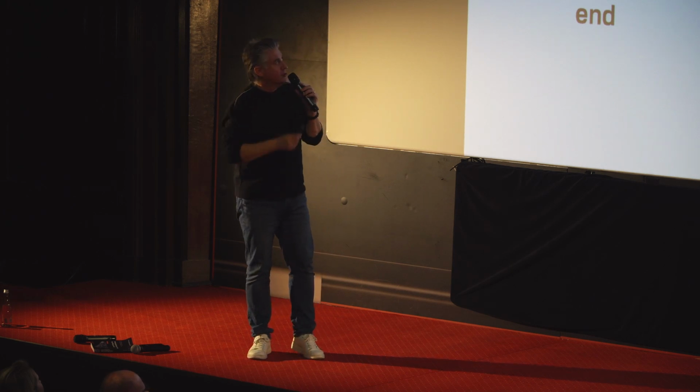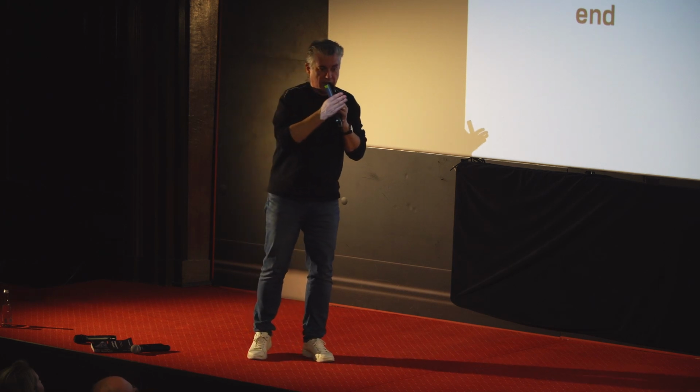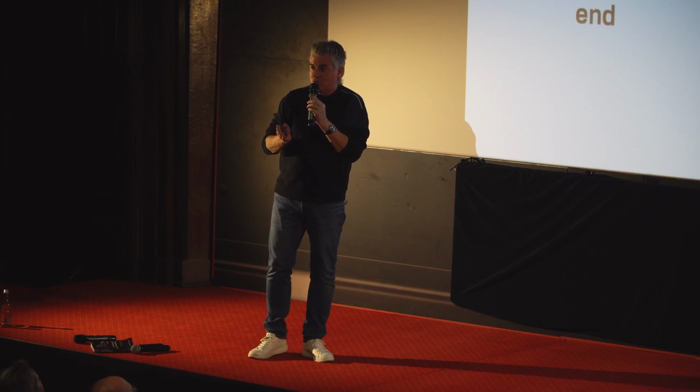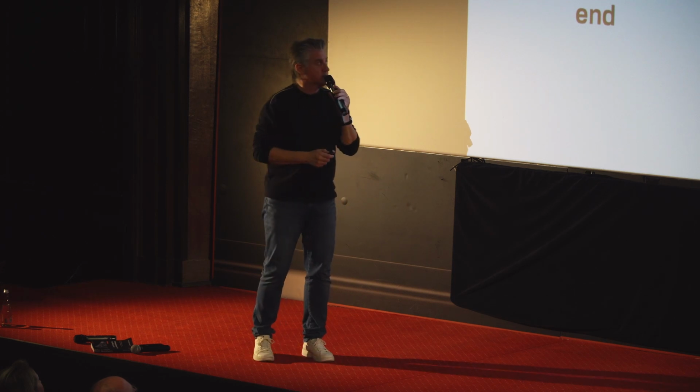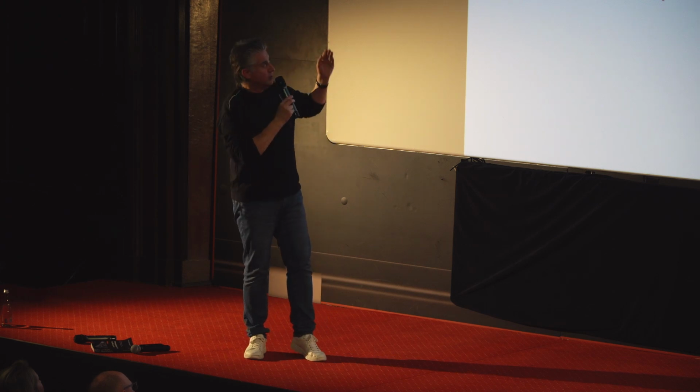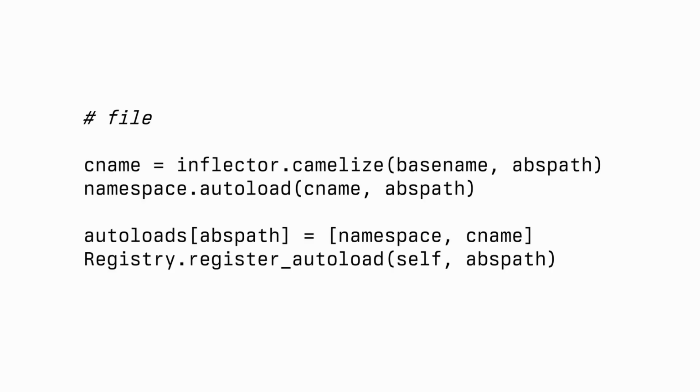So now we branch. If we get a file, we're going to do something. If we get a directory, we are going to do something else. In the case of a file, the idea is simple, actually. The loaders have an inflector that, given a file name in snake case, is going to give you the expected constant name in camel case.